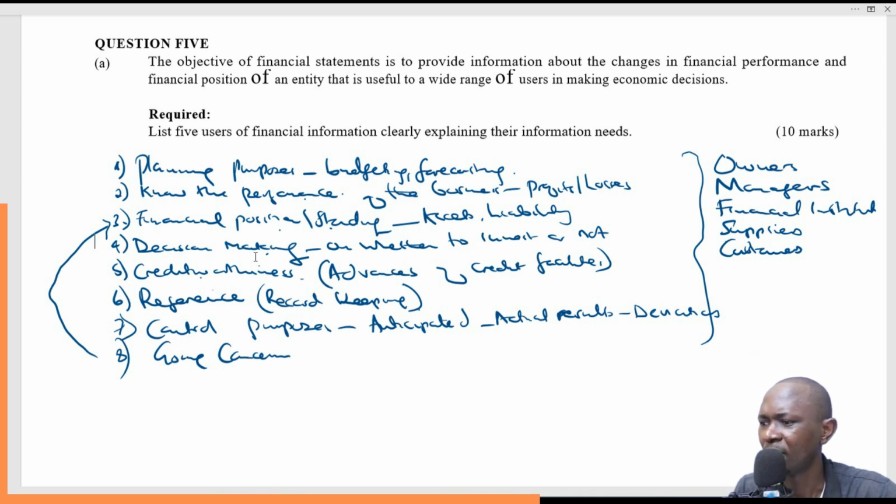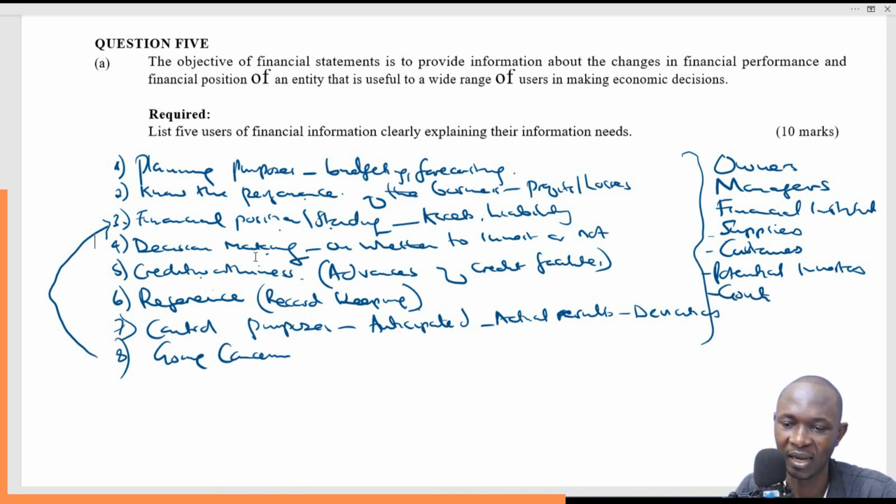And then you also have the potential investors. Is it worth putting their money in this business? Potential investors will want to see the performance of the business and the asset level of the business. The government, the other purpose is for tax determination.